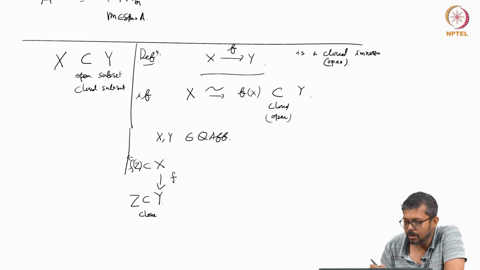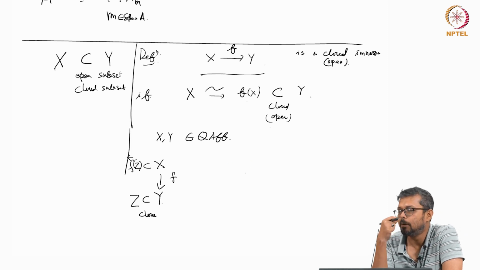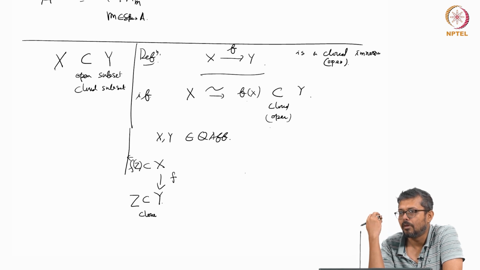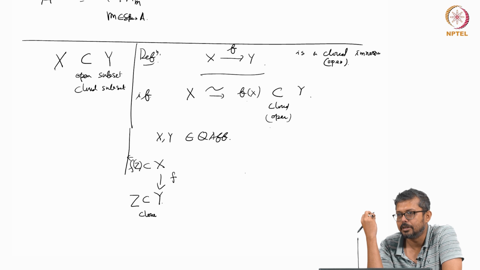So whenever you have a map from X to Y, it gives you plenty of such examples. Or for example, if you take Z to be a point, then the fibers are closed subsets. So these are closed immersions. An open set of Y is always dense, right, if your Y is affine and irreducible.